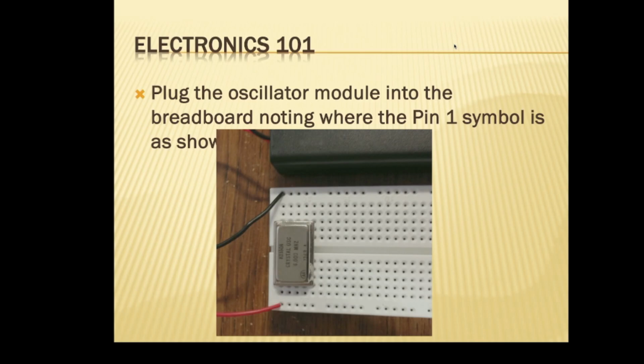Okay, so we're gonna put the plus in over here, right? Yeah. Okay, and we're gonna put plus to pin 14, which we're doing right there. I hope that's right. And then go from pin 7 to ground.